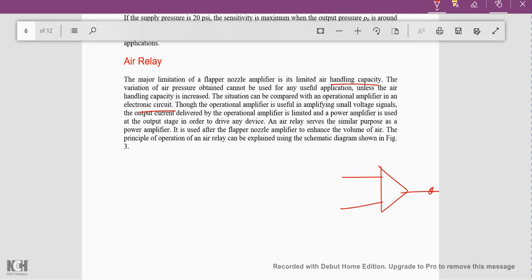Why will the limitation be there? Because it is limited by the available supply. Whatever plus VCC and minus VEE we consider, this will give the saturation. The output will be either in the positive direction or the negative direction depending upon inverting and non-inverting, so it will be saturated, it does not go beyond.